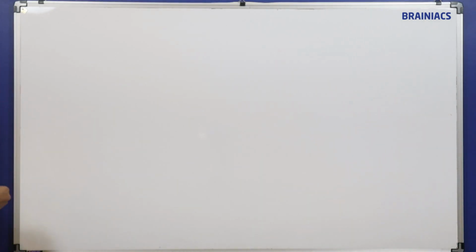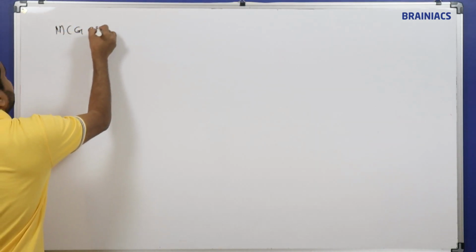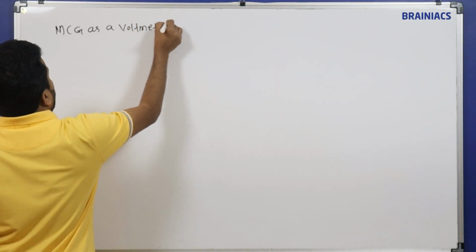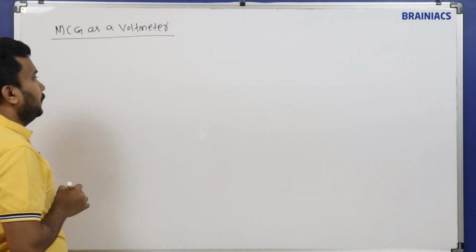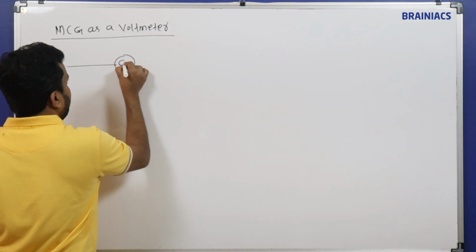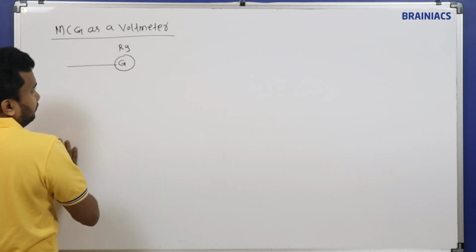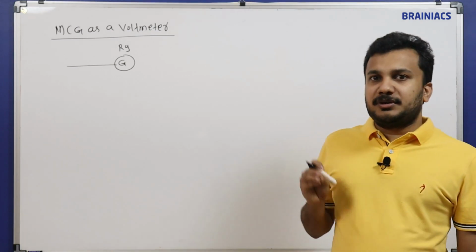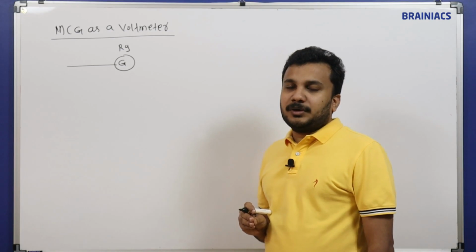So the first one: moving coil galvanometer, MCG, as a voltmeter. The resistance of the galvanometer is called Rg, and this resistance is normally very small.